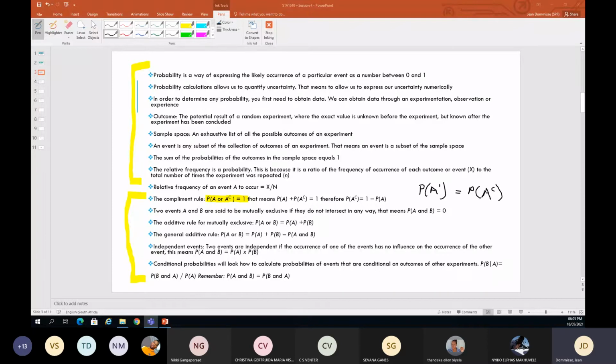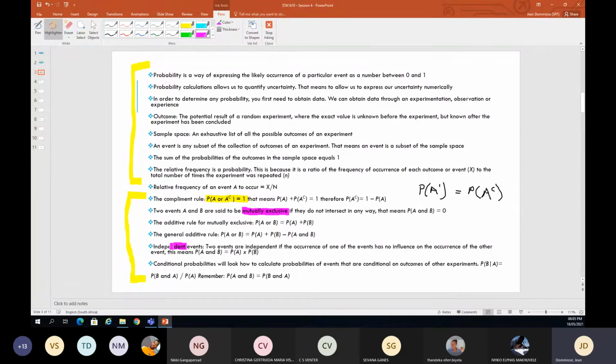Then I think the important thing is the two things that they ask or tell you a lot in the exam, or even in the assignments. They would tell you something is mutually exclusive, or you need to prove it's mutually exclusive.